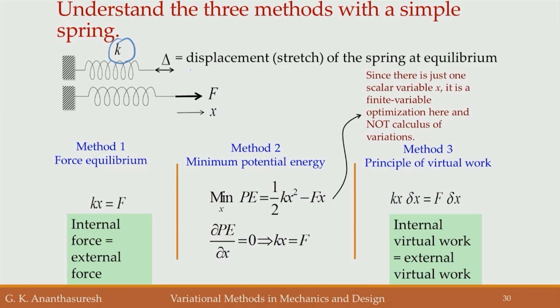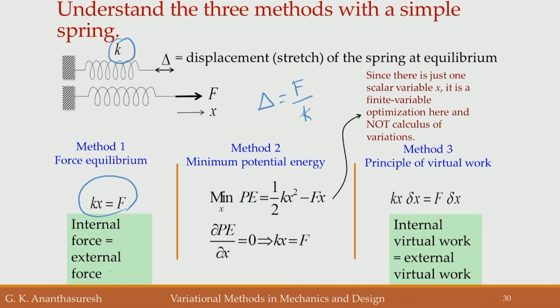Everybody knows the answer for this: the delta, or x, that we have at equilibrium is F divided by K. So, if I call this delta an unknown x, this is what you have, that is basically balancing force. External force F is equal to the internal force applied by the spring. When you pull it, it tries to pull you back, that is Kx. It is a force balance, internal force equal to external force. That is method 1 that we saw in the case of a beam.